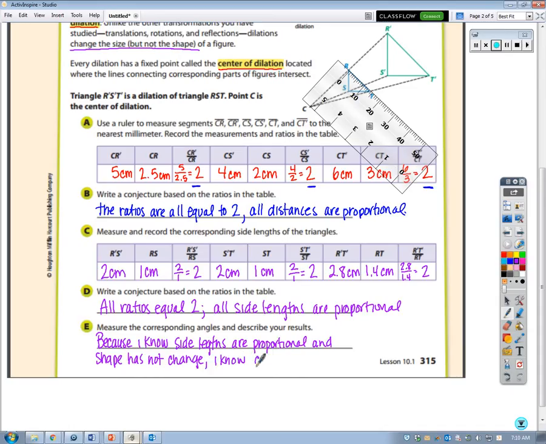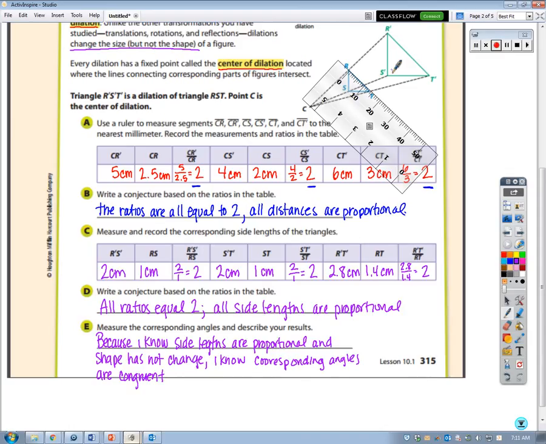I know corresponding angles are congruent. And congruent means same size, same shape. Right? So for example, angle S and angle S prime are both right triangles, it looks like. They could both be right triangles.